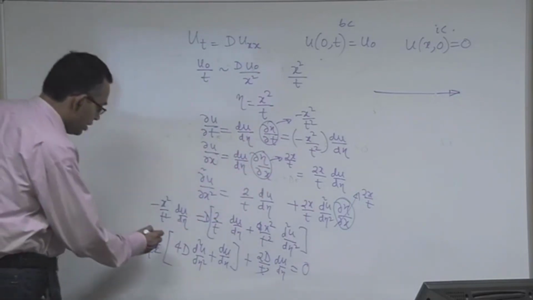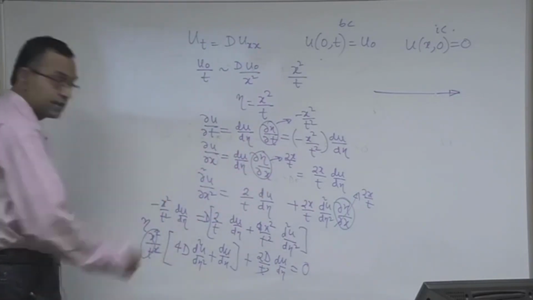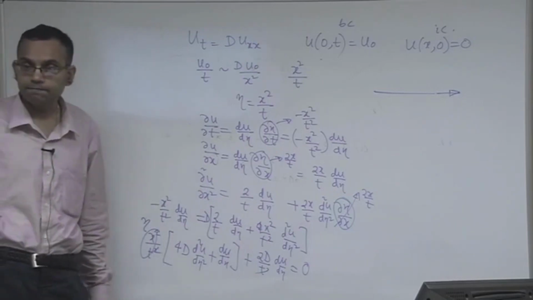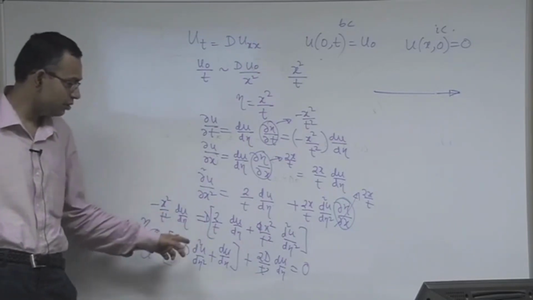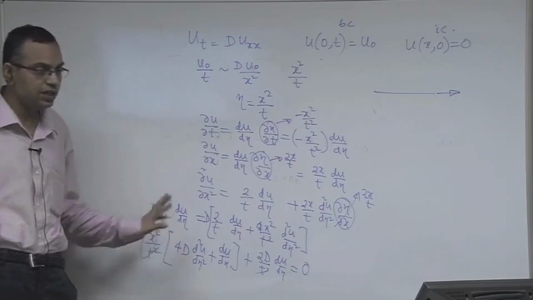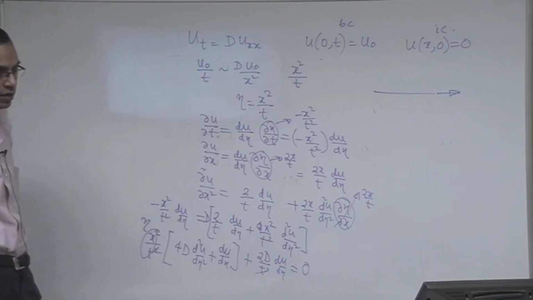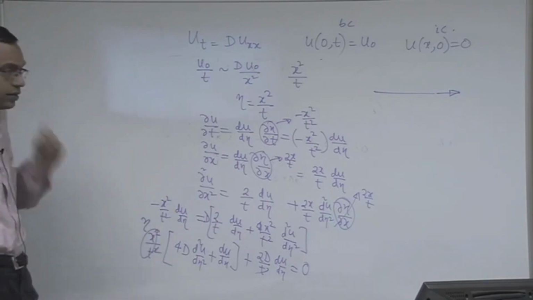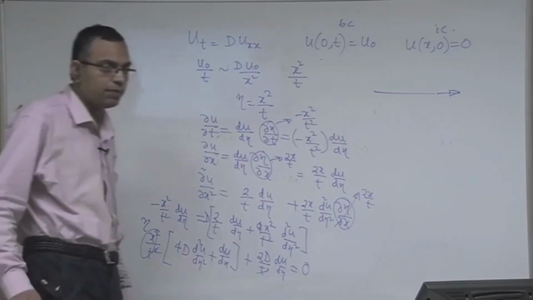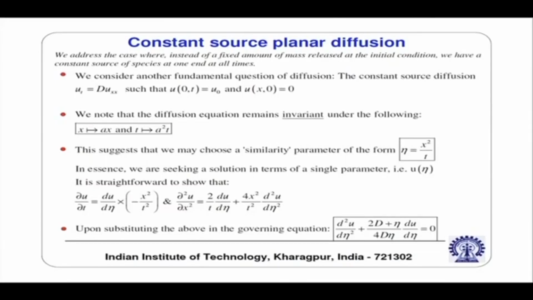So now x square by t you can write as eta. So this entire equation is now in terms of eta and du d eta. Okay. So we will get back to the slides to complete this, because the remaining steps are very trivial.